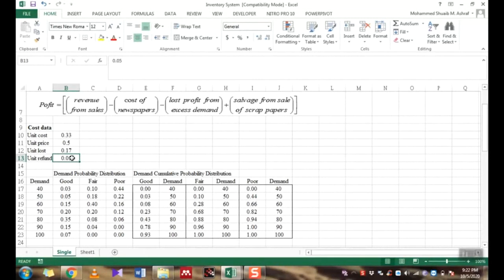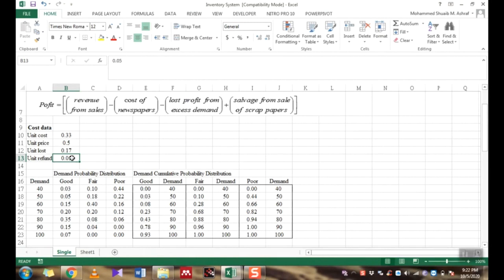In this problem the shopkeeper orders 70 newspapers each day, and every day the demand is different. Some day demand is 80, so all 70 papers are sold.